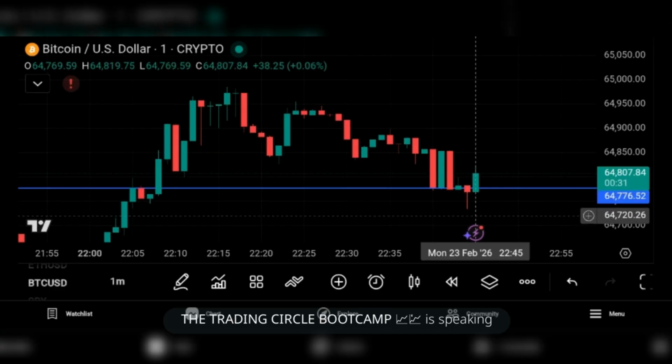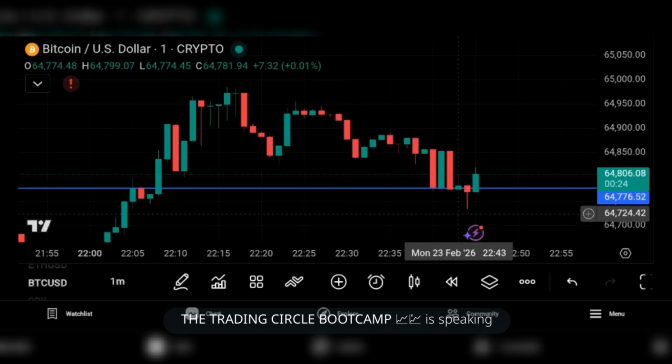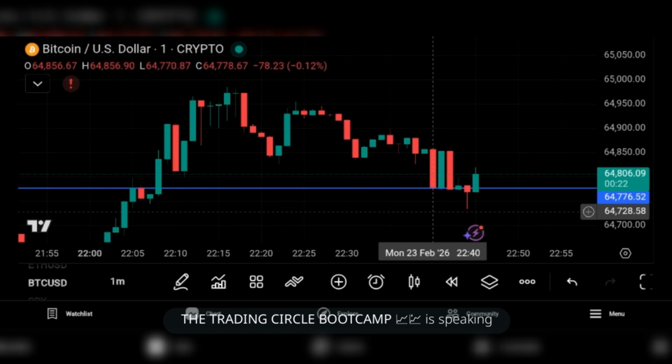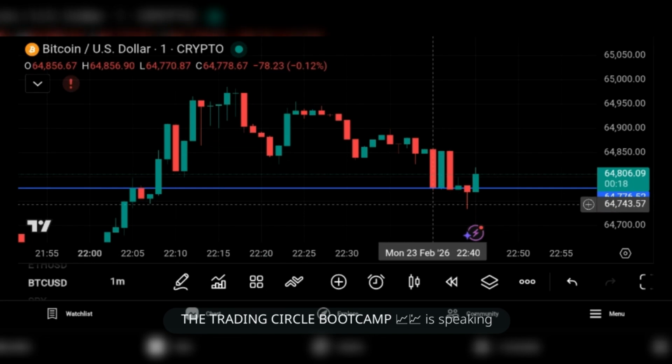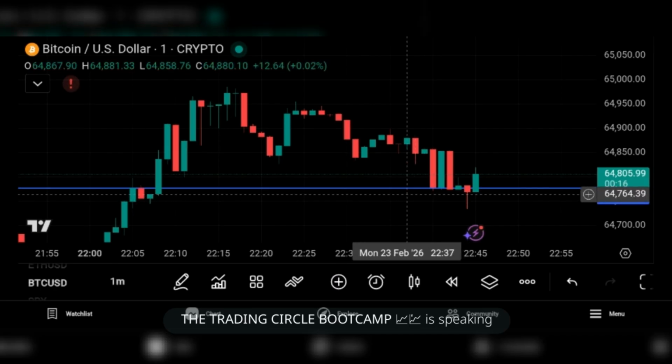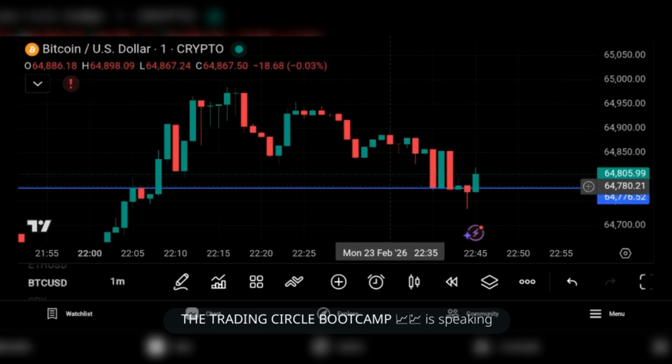Now this is the close, the last minute in the previous 5 minutes. So 5, 4, 3, 2, 1. These 5 candles consist of one 5 minutes time frame. 5, 4, 3, 2, 1. This last 5 candles consist of the previous 5 minutes.